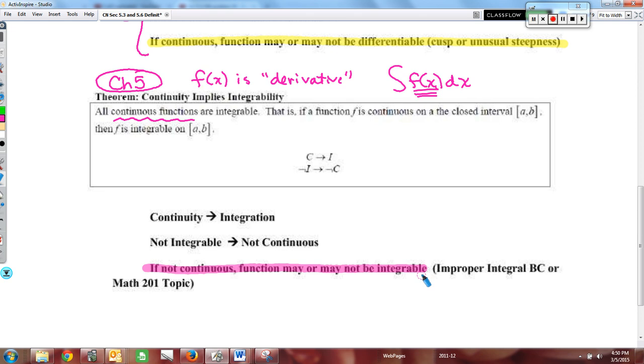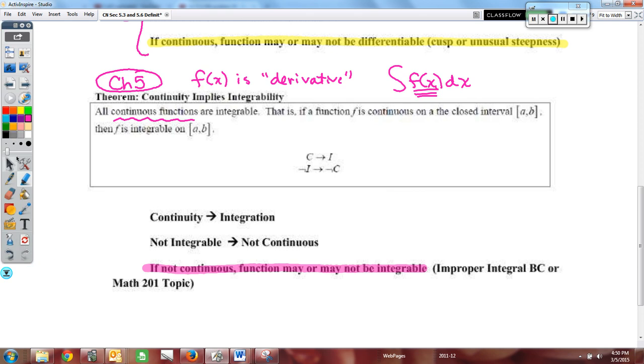So the antiderivative could exist, it just had a cusp or unusual steepness. But the other option is that the f of x inside of here is not continuous because the antiderivative was not continuous, which means it's not going to be possible to take an integral for it.